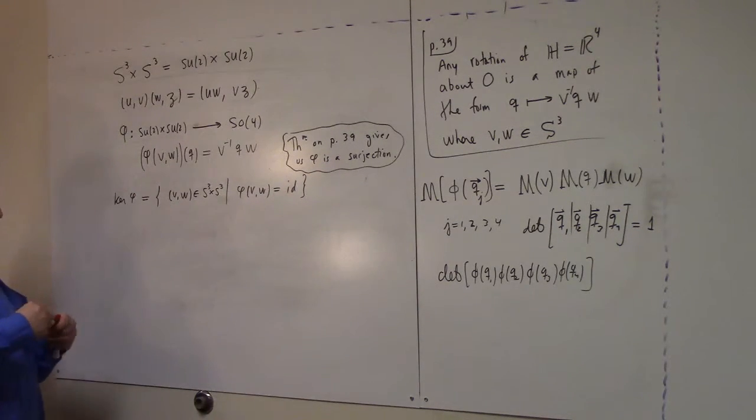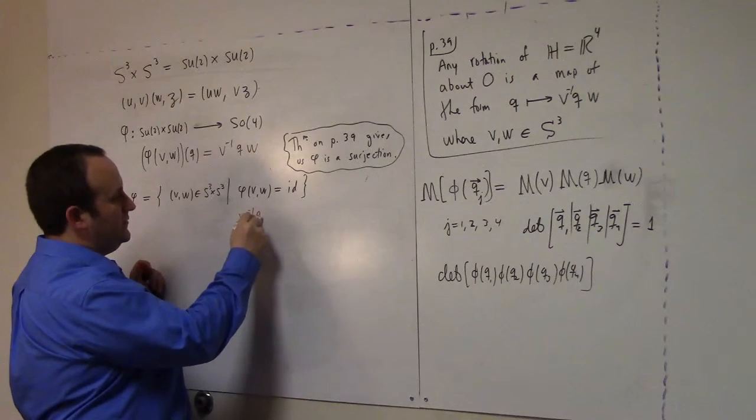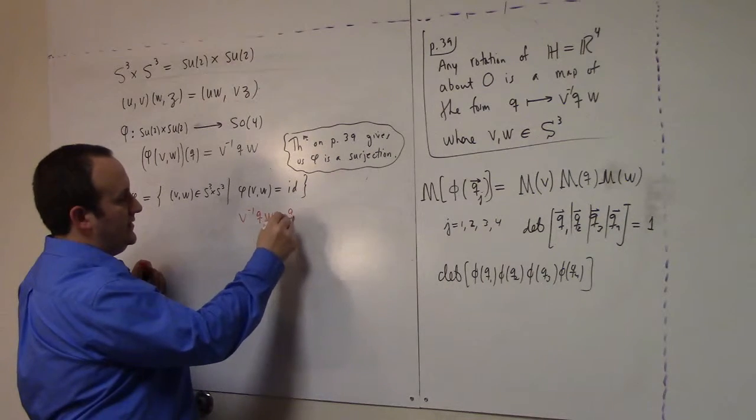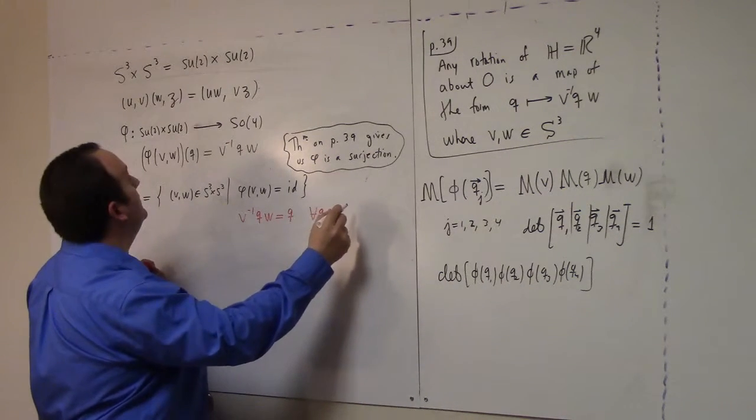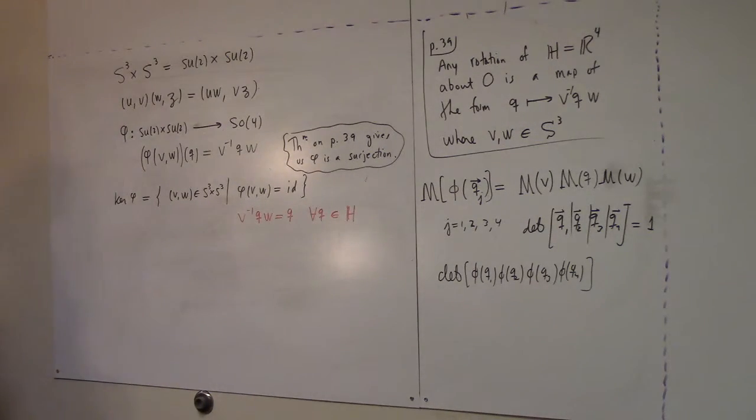But what does that mean? That means V inverse QW is equal to Q again for all Q in H, I suppose, which is our R4. So what's that give us?